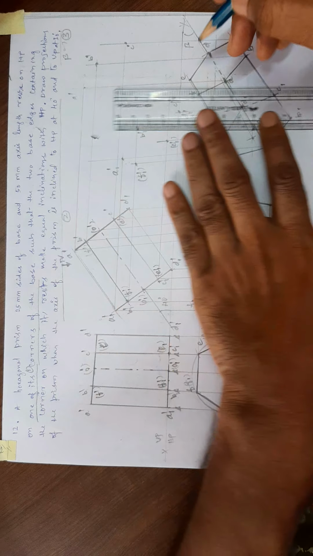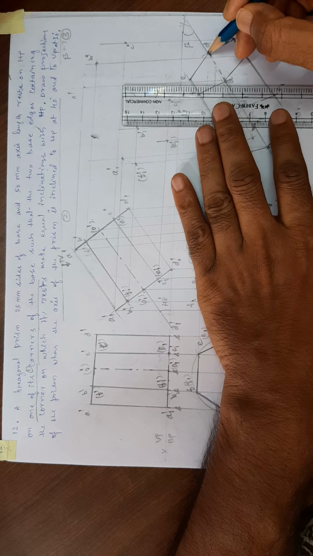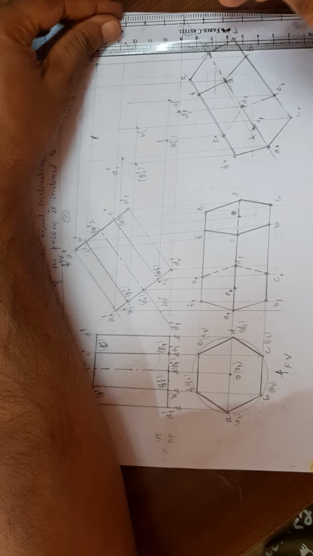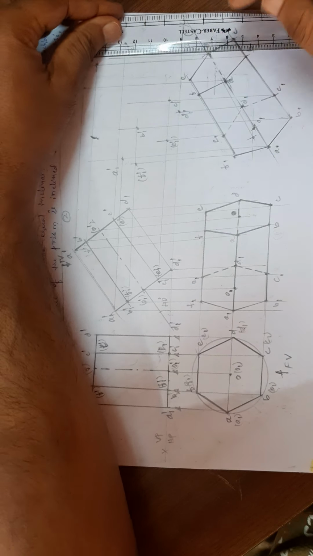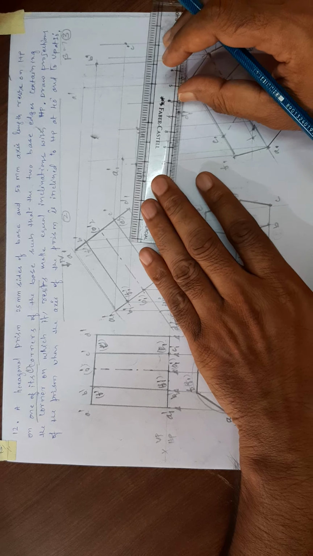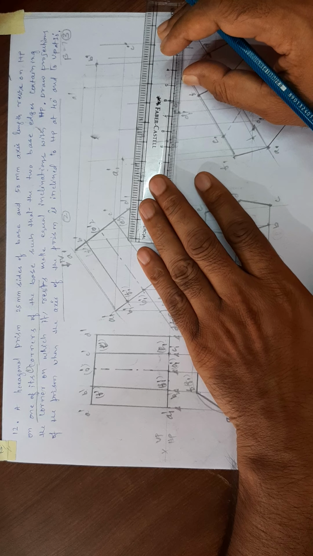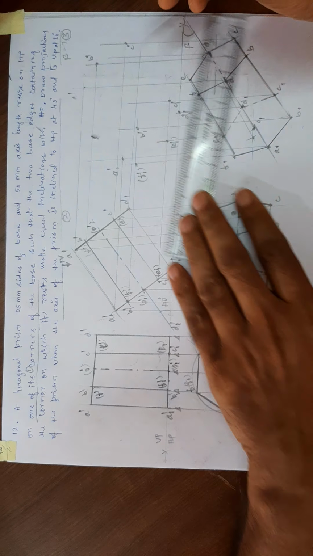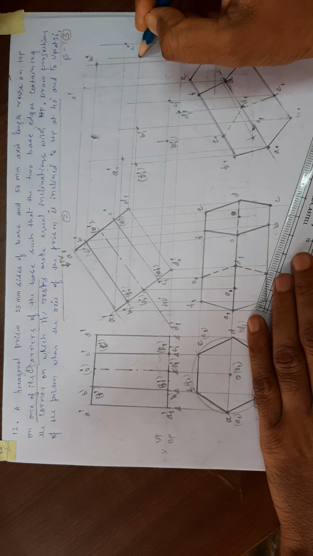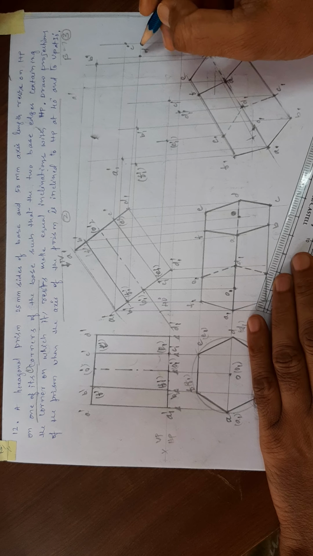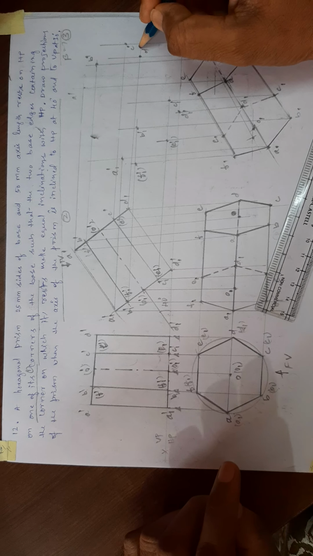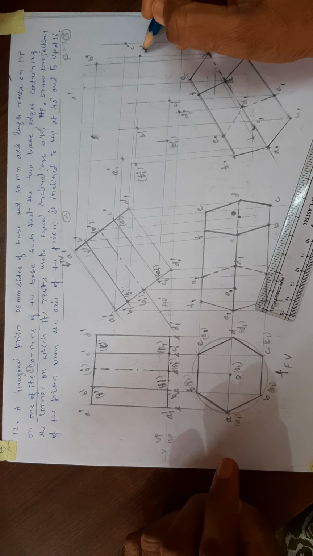Next to D, vertical projector line from the D. Now see here D, okay, horizontal projector line from the D dash. Now see this point. So this is D dash, C dash, D dash.